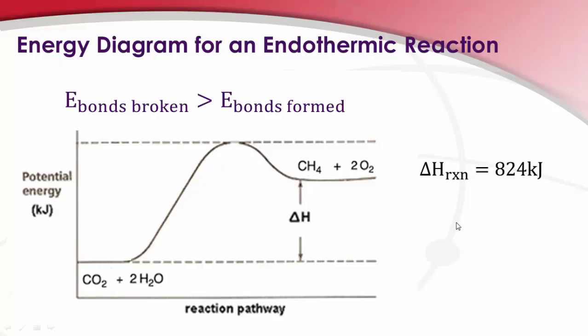Okay, and again, the first law implies that if we can find a way to do the reaction to turn carbon dioxide and water into methane and oxygen, we will have to put in this amount of energy.